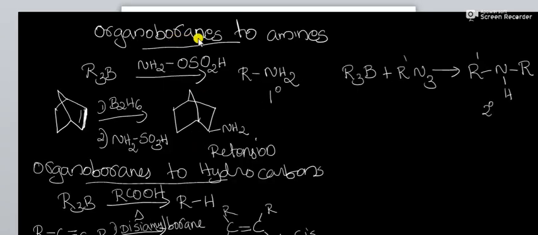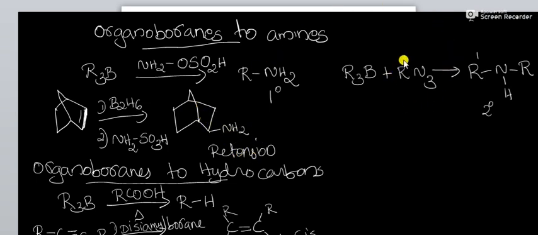Another application is organoboranes to amines. First one is conversion into primary amine. In the presence of NH2SO3H, it will be converted into primary amine. When this olefin undergoes hydroboration and followed by NH2SO3H addition, it will be converted into NH2, that is primary amine, with retention of configuration.